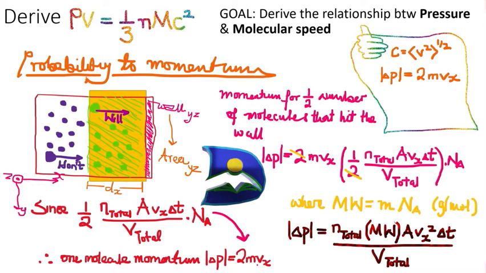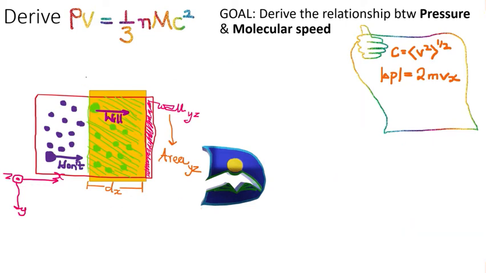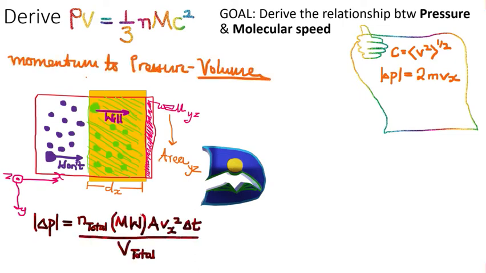So since we have our momentum for half of the particles that will hit the wall, we have to take this particular expression for momentum into the pressure-volume relationship, because when half of those molecules move with that momentum, they create pressure on that particular wall after they collide.